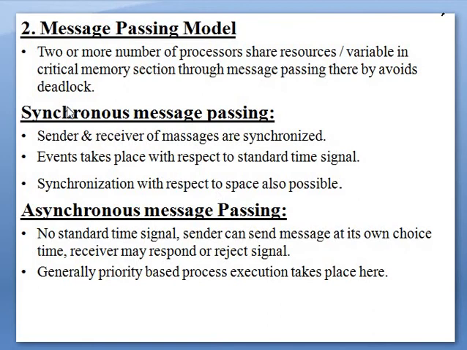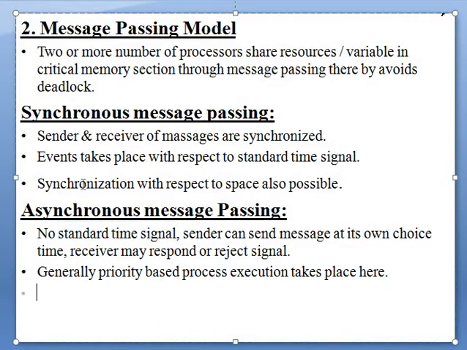Now there are two sub models or methods of message passing, one is synchronous and the other is asynchronous. Synchronous means the activity takes place with respect to some standard time signal. So when we have a time signal for sending and receiving a message, it becomes synchronous. If there is no standard time signal, then we call it the asynchronous message passing technique.